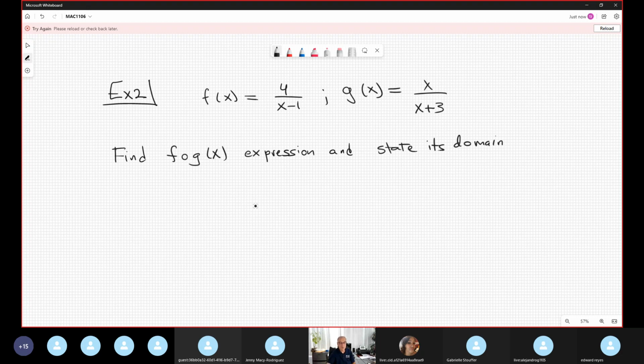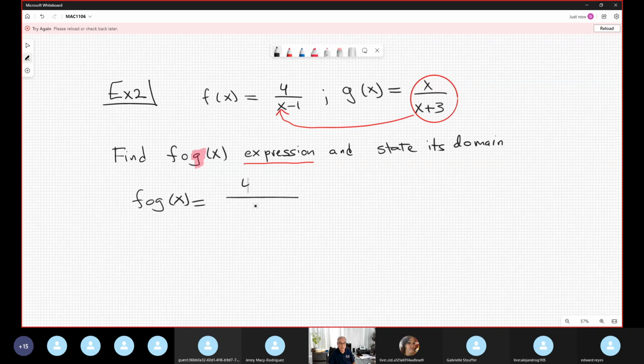Okay, no problem. I can see clear like water that my innermost function is G. Therefore, that G I substitute here. Now the f composition g expression is 4 over x over x plus 3 minus 1. Do you see that?